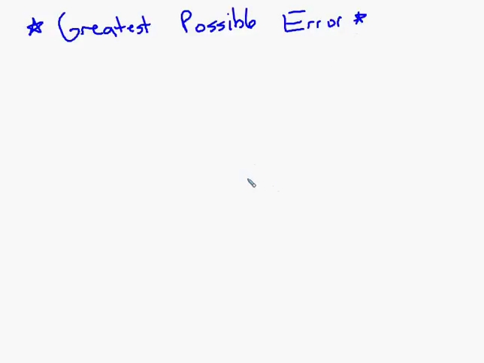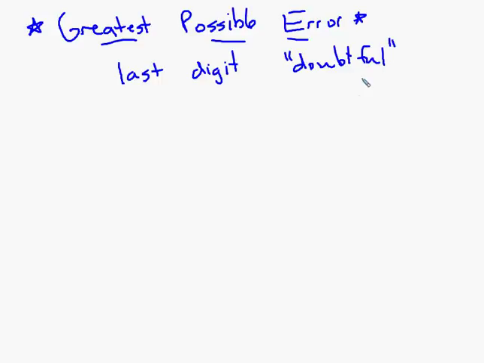Whenever you're measuring something, in science, like biology, chemistry, or earth science, when you do measurements, your last digit in your measurement is called the doubtful digit. And that's because you basically guess it.